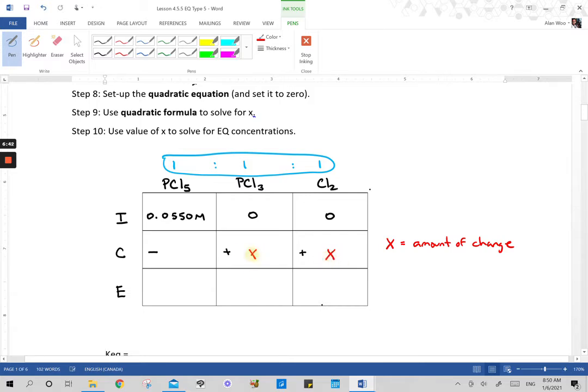So X is going to represent the amount of change, so we put it into the change row. The molar ratios only affect the amount of change, and because they're 1:1:1, they all change by the same proportion.